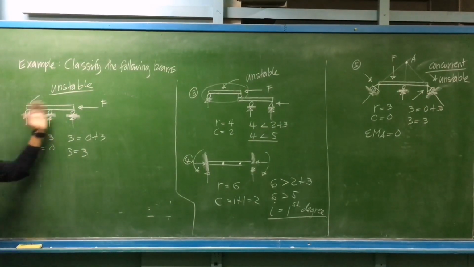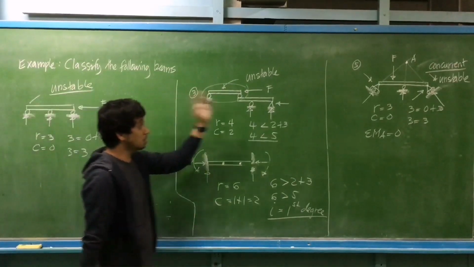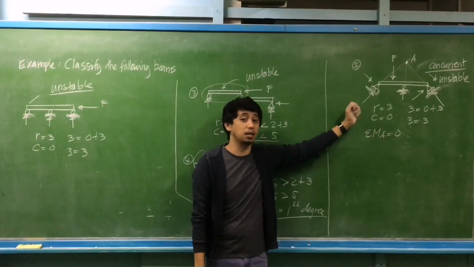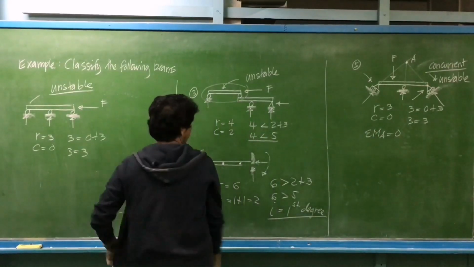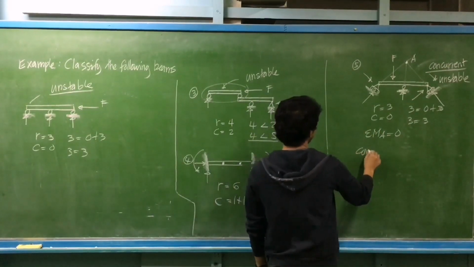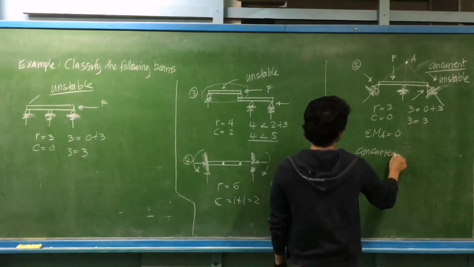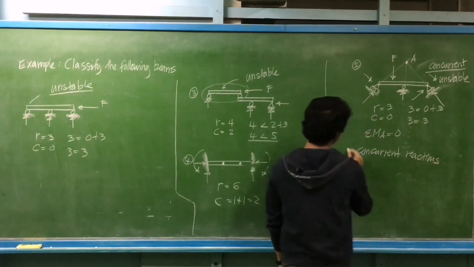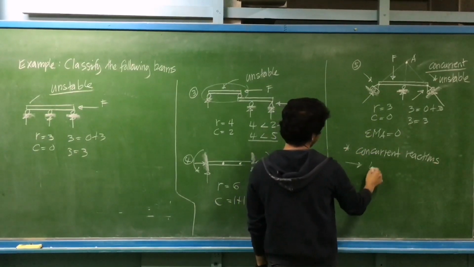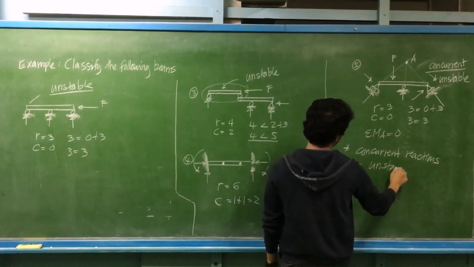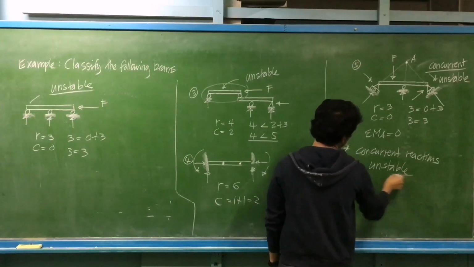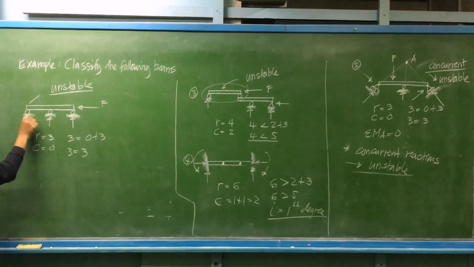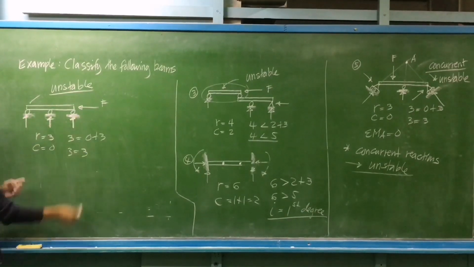So what causes unstable beams? So una, kanina, why is it unstable? You have concurrent reactions. Okay? If we have concurrent reactions, take note, that beam will be unstable. If we have this, okay, as you can see, the direction of the reactions are all upward.